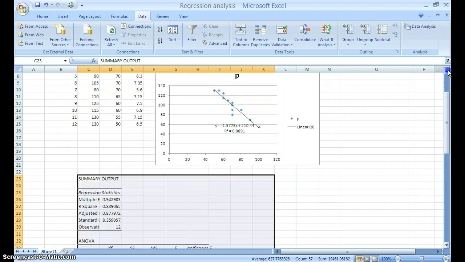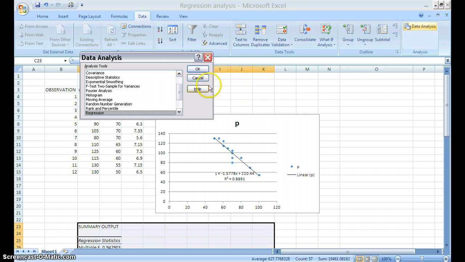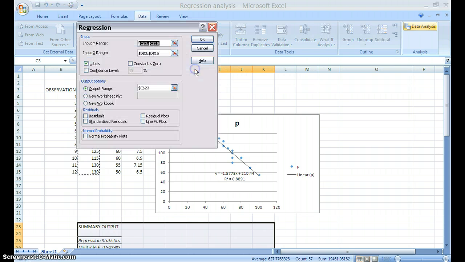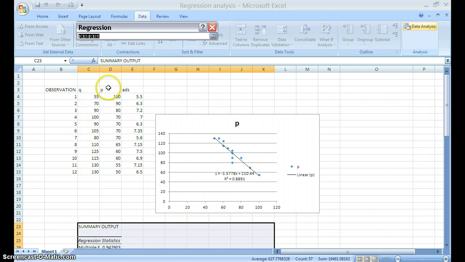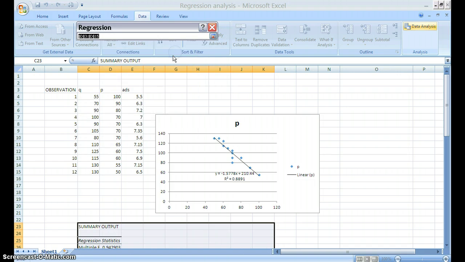Now, let's do the multiple regression this time. The multiple would be to redo the data analysis tool and again do regression. Only this time, for the Y values, we're going to use the same thing. But for the X's, we're going to include both of these.